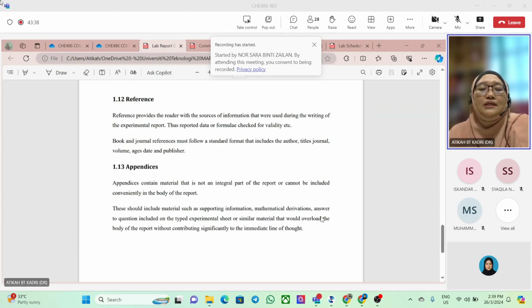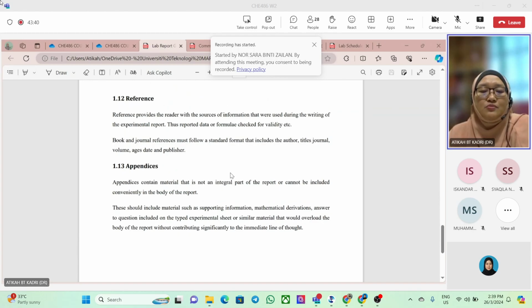Okay. And finally, references. This is where you're going to list down your references, and make sure that these references are valid, meaning the document is an authentic document, not references that you just take from a website or some blog.